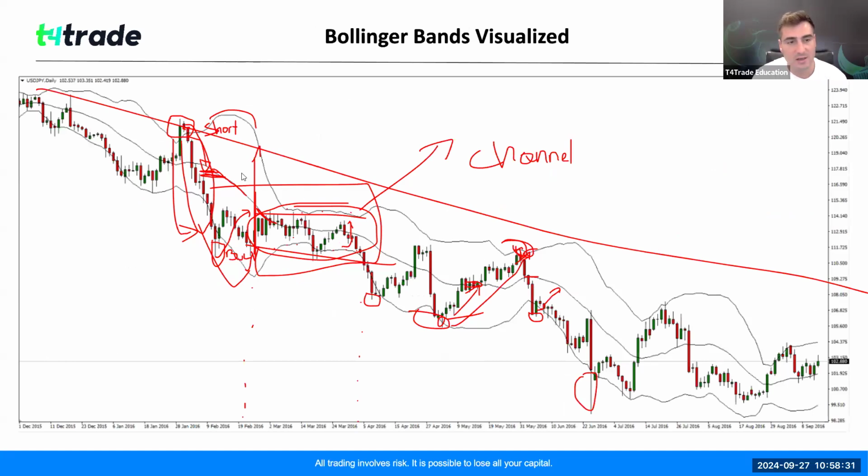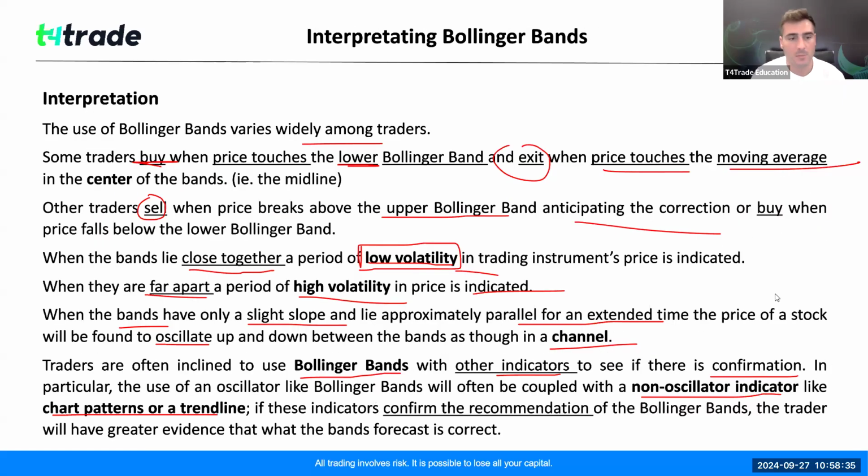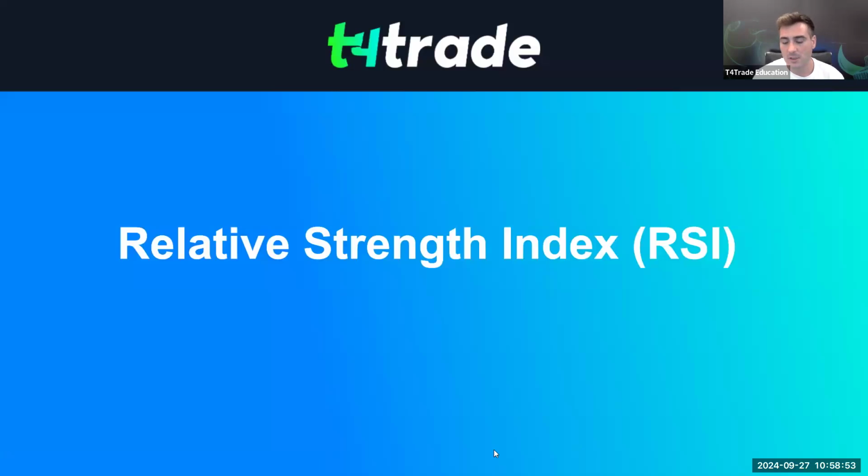Apologies, it's not straight, I know, but it gives you an indication of where the market is headed. So you can use many other different things, at the end of the day, to confirm the recommendation of the Bollinger Bands, and you have greater evidence that the band's forecast is correct. Please use other stuff as well.